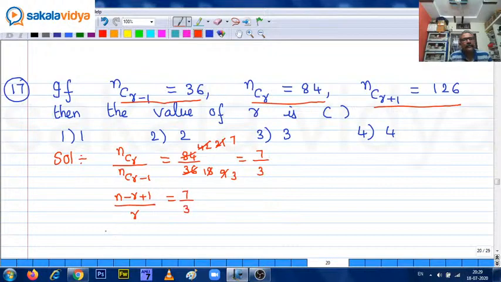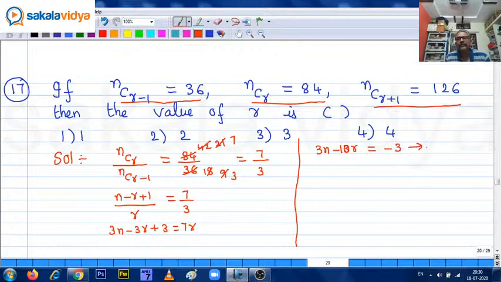This can be written n minus r plus 1 upon r equals 7 by 3. Cross multiplication takes place: 3n minus 3r plus 3 equals 7r. So 3n minus 10r equals minus 3. Say equation 1. Now this one by this one, write down. n C r plus 1 upon n C r equal to 126 upon 84.